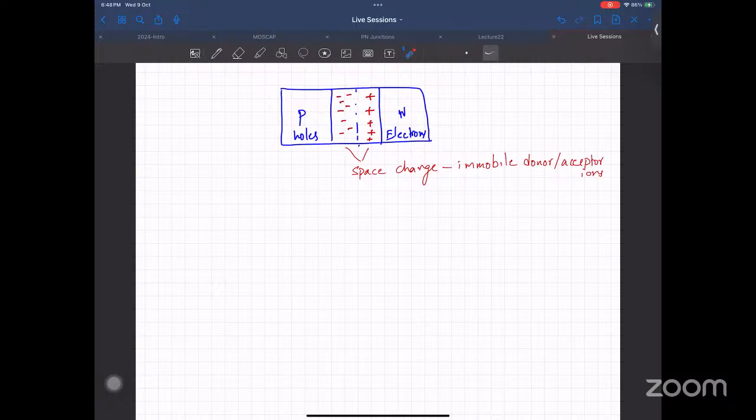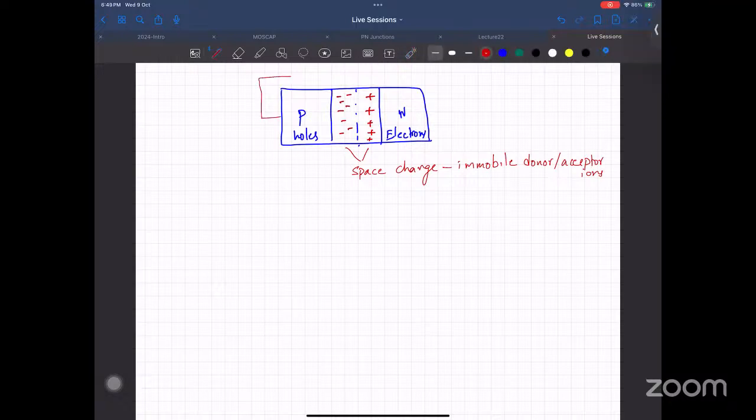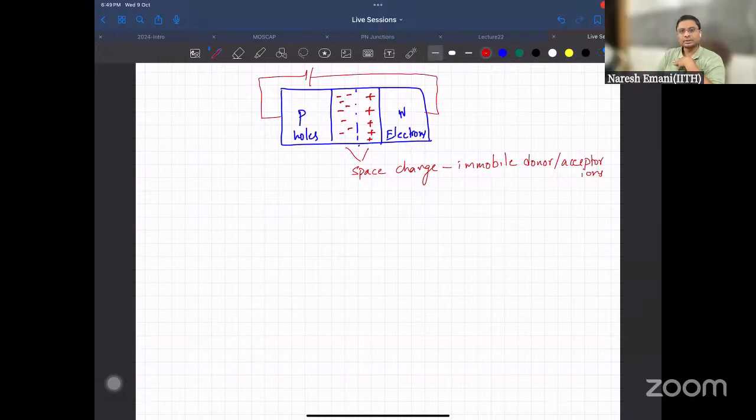So now, if you apply reverse bias voltage, what happens first of all? Let's consider this scenario wherein I apply a negative bias here and connect an external circuit in this fashion.